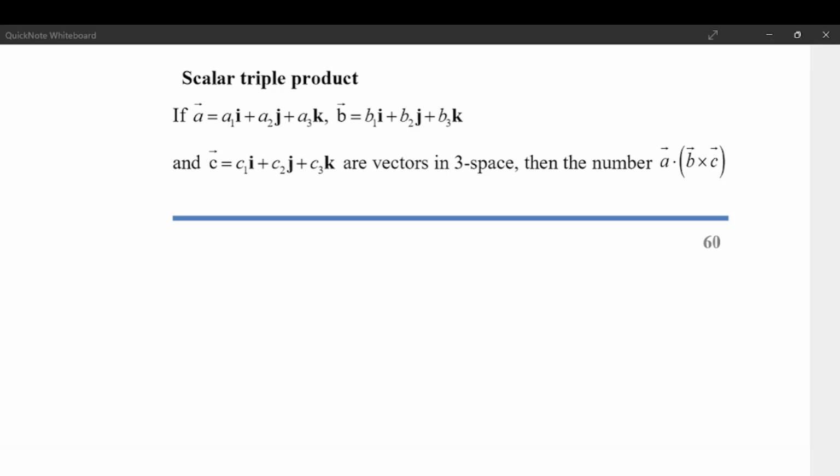Alright, so now let's talk about scalar triple products. Under scalar triple products, we are saying that if we have a vector A, which is equal to A1 i plus A2 j plus A3 k, and vector B, B1 i, B2 j, and B3 k, and we have another vector which is C1 i plus C2 j plus C3 k, any three vectors in 3D space, then the triple product of these vectors is A dot into bracket B cross C. Right.